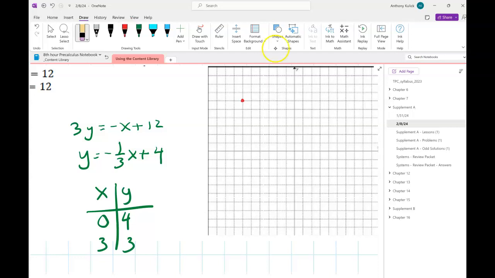I think that one was only 3 over, right? 1, 2, 3. Yeah, okay. So there's that. And then I have 0, 4. So 1, 2, 3, 4. And then 3, 3. So 3, 1, 2, 3, 1, 2, 3.